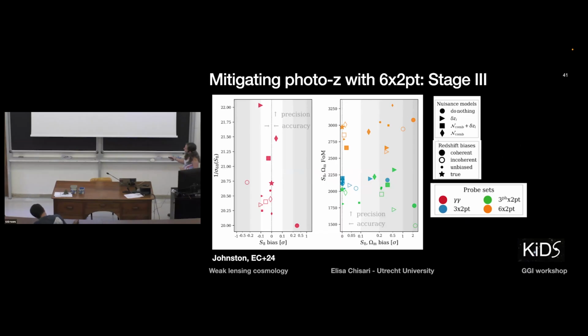And in this one, this is just a cosmic shear one. It's also more robust to how you model the redshifts. So some of these points that are closer here to 0 are also giving you better constraints on the redshifts. You have to believe me, I'm not showing you that, but you recover the redshifts better.